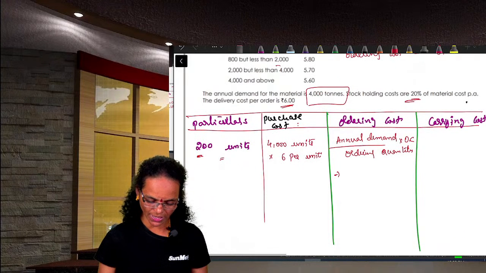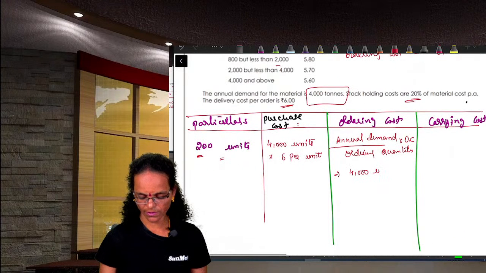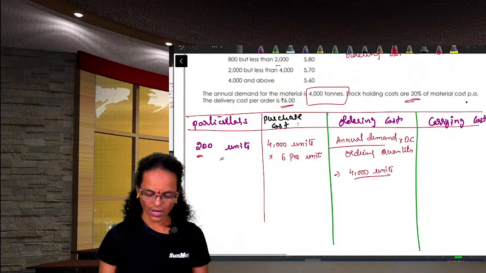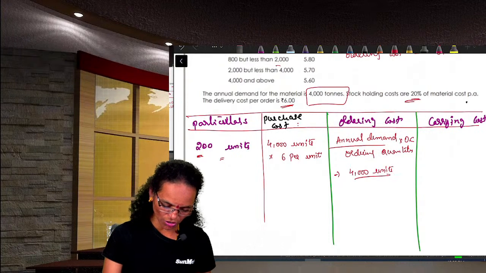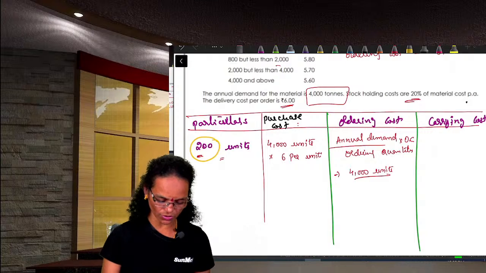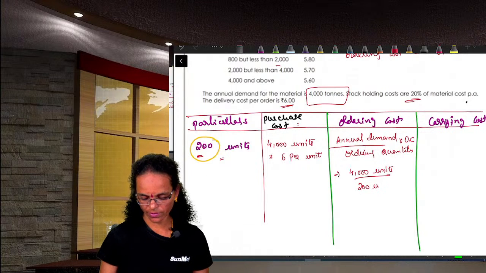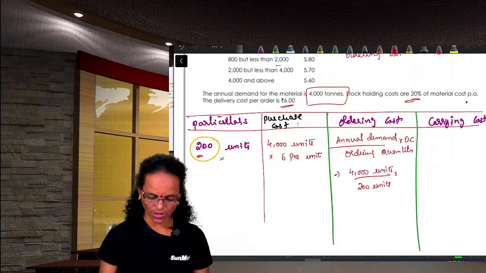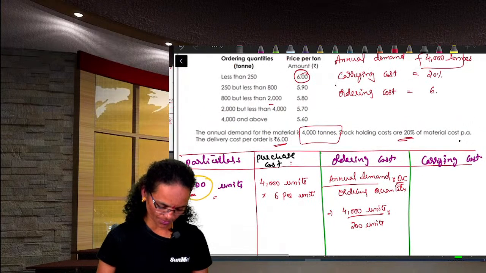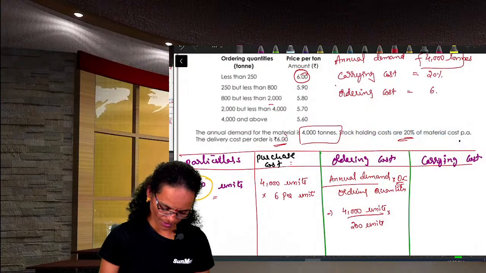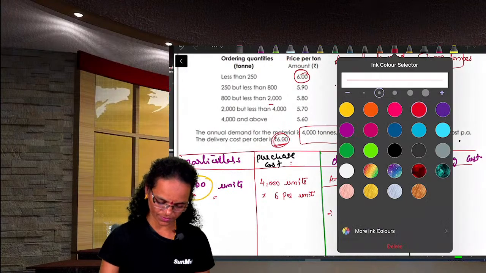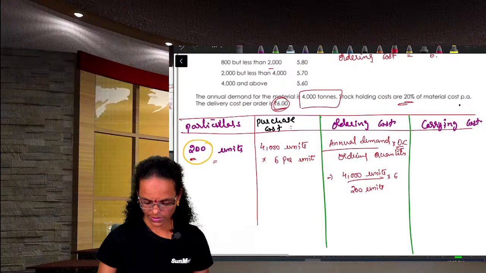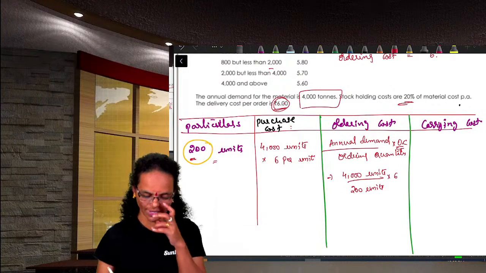See, annual demand is 4000 units, and ordering quantity, you are placing an order for 200 units in a single go. Ordering cost is 6 rupees. Calculations we will do a bit later.